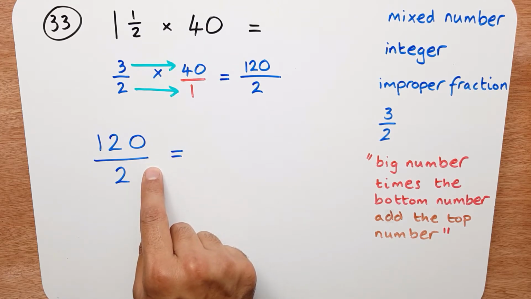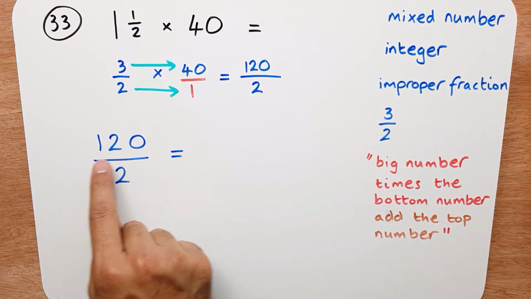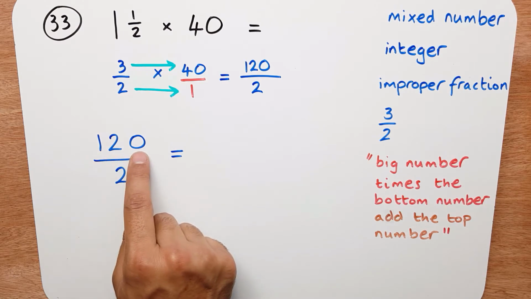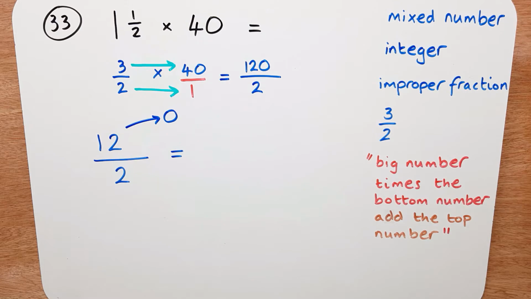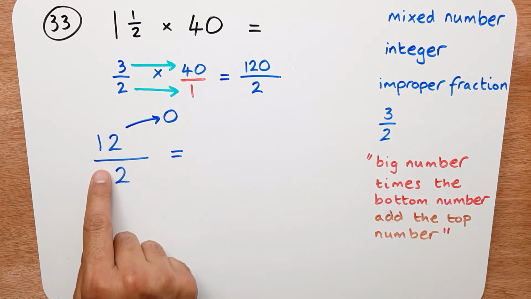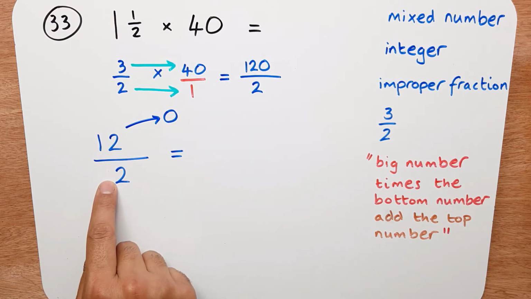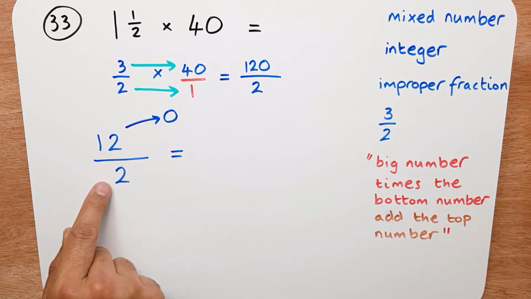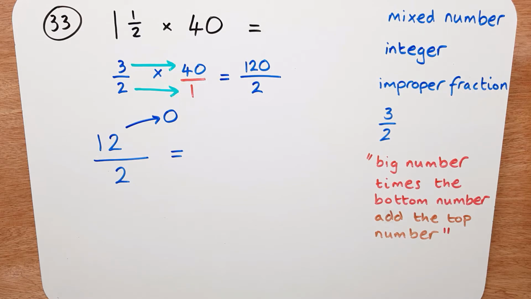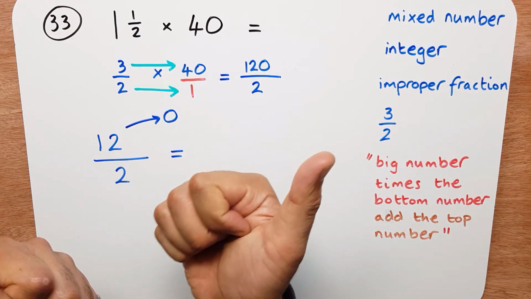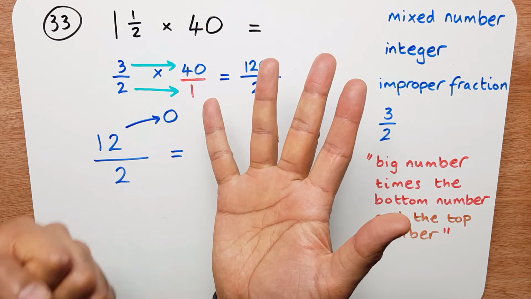Now with this sort of question, what I like to do is hide this 0. So now what I have is 12 divided by 2. And this is simply saying how many 2's are there in 12. So I know doing my 2 times tables, I've got 12. 2, 4, 6, 8, 10, 12.